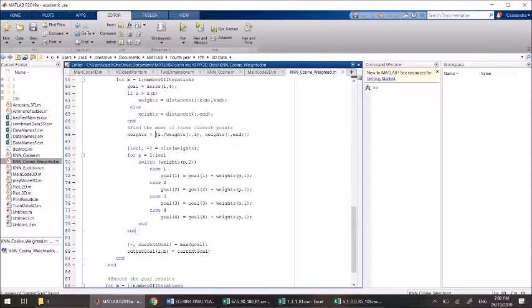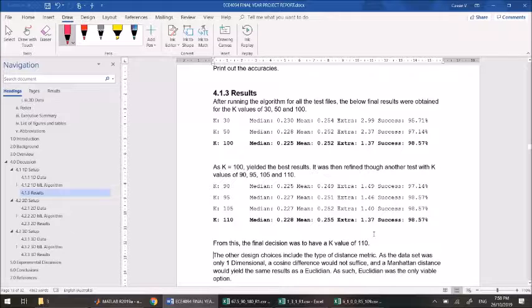So we inverse all the distances, so that smaller distances have bigger values, and so they have more weight. That weight is added to the tally for its goal. Overall, we get the maximum tally, the goal that had the most weight, and that will be our current goal. Okay, let's start going through some of the results I had now.